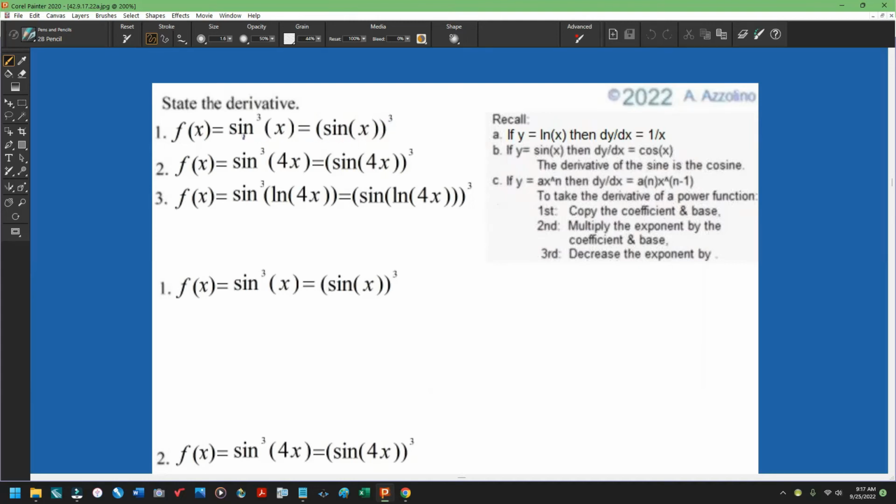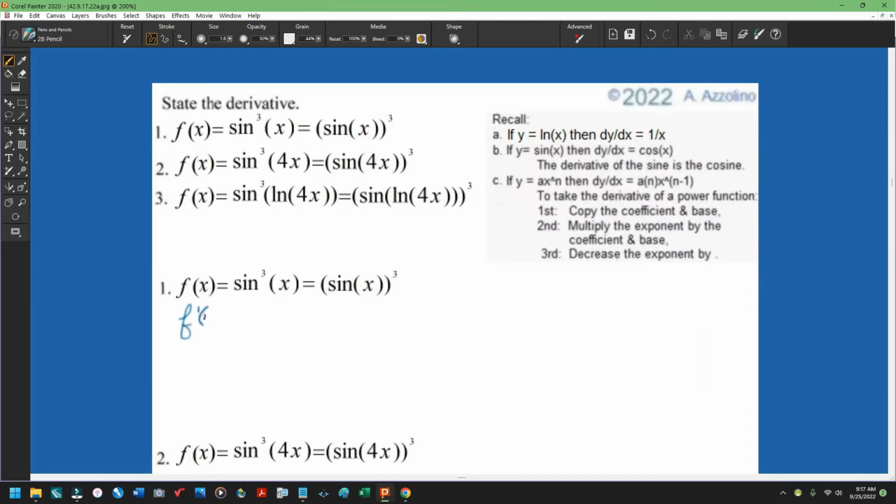So it's the sine cubed of x. Then making it more sophisticated, the x, instead of being a variable, becomes the function 4x. And even more sophisticated, instead of the function 4x, it becomes the natural log of 4x. But all you have to do is sing it.